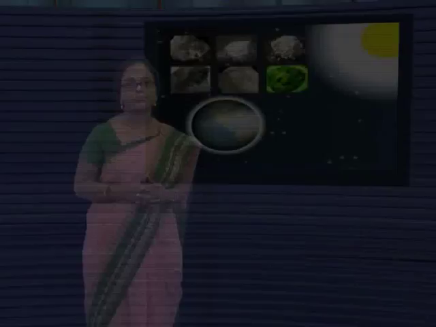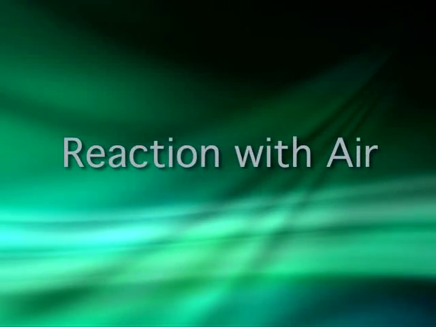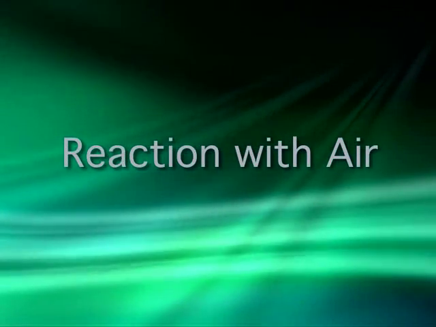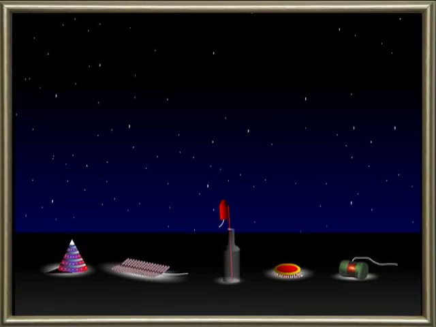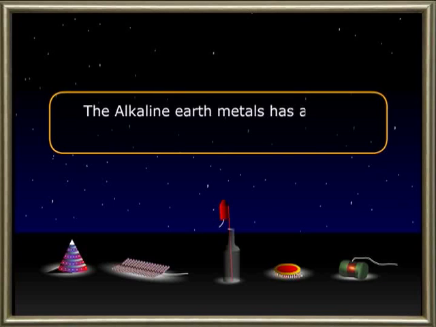You have seen so far how these elements react with water and oxygen. Now let's see how these elements react with air. You all must be aware of firecrackers, and one of the alkaline earth metals has a major role in making crackers.